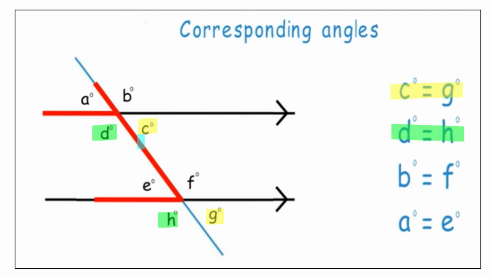And then B and F are also corresponding angles, therefore they measure the same. And lastly, we have A and E, which are also corresponding angles, therefore they measure the same.